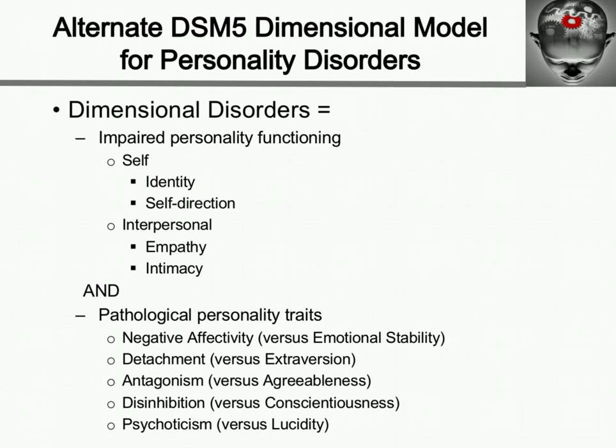The types of personality traits that are identified in the DSM-5 are negative affectivity, so the tendency to experience and emote a lot of negative emotions. That might be somewhat similar to extreme neuroticism in the Big Five. And that trait can be contrasted with somebody who has emotional stability.